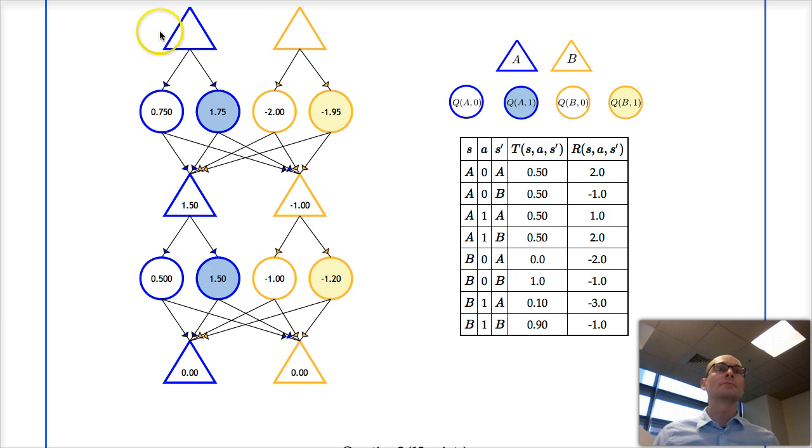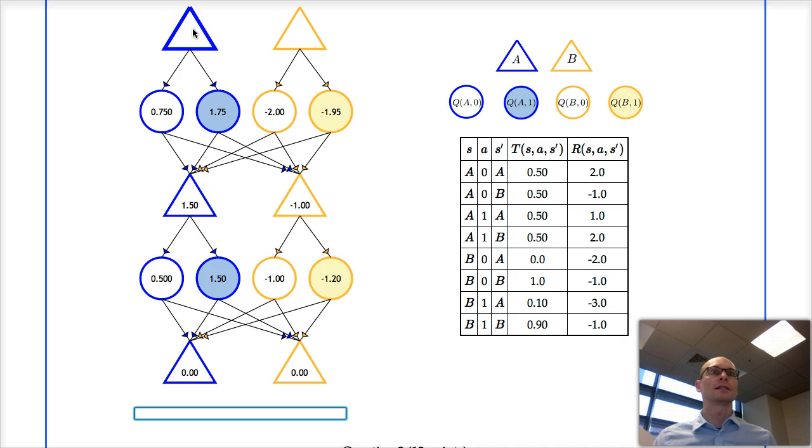All right. Now here at the top layer, we're in state A. We're going to choose between two actions, 0 and 1. Action 1 is the highest expected sum of rewards, so that's the value we're going to take for this state, 1.75. And then here at the top, we have again the choice between two actions.